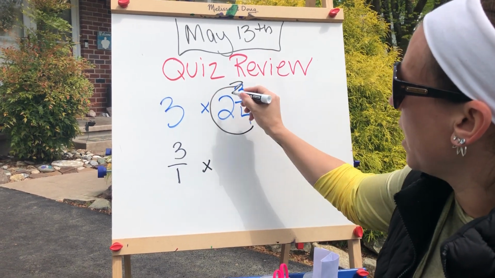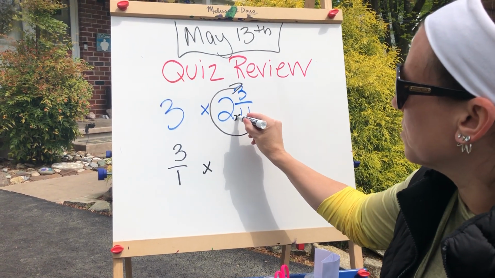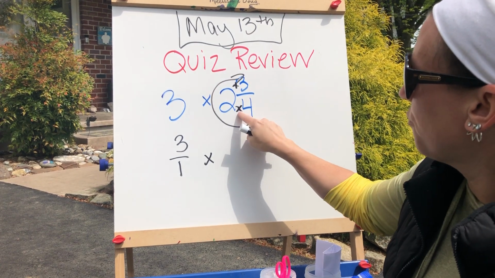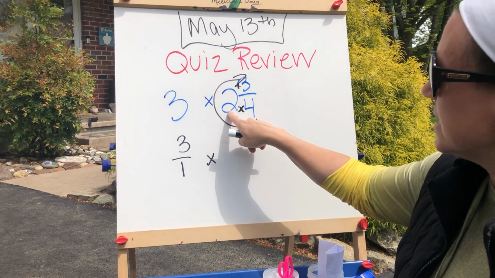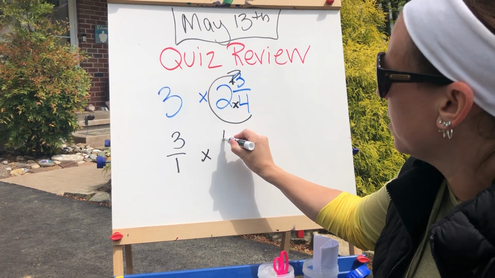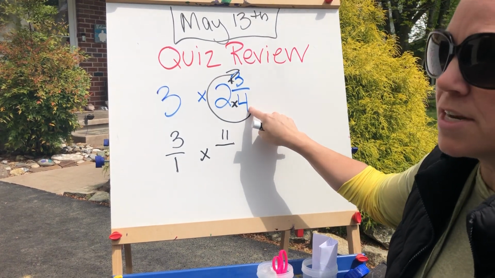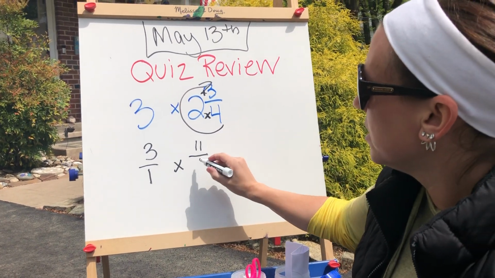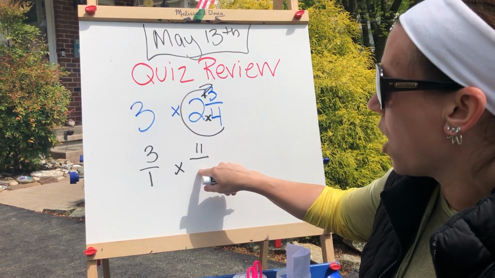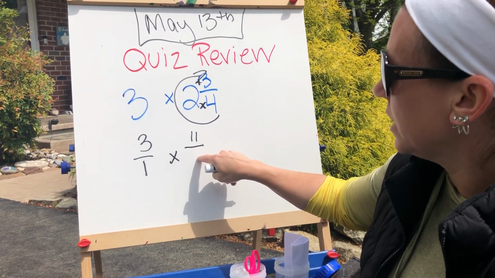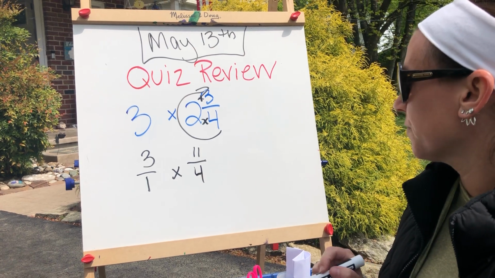Now you're gonna work your way up and around. So you multiply and then you add. So 4 times 2 is 8 plus 3 is 11. So my top is an 11 and the denominator stays the same. Some of you were changing these to a 4, or not to a 4, to a 1. It stays the same. You have to keep it a 4, okay?